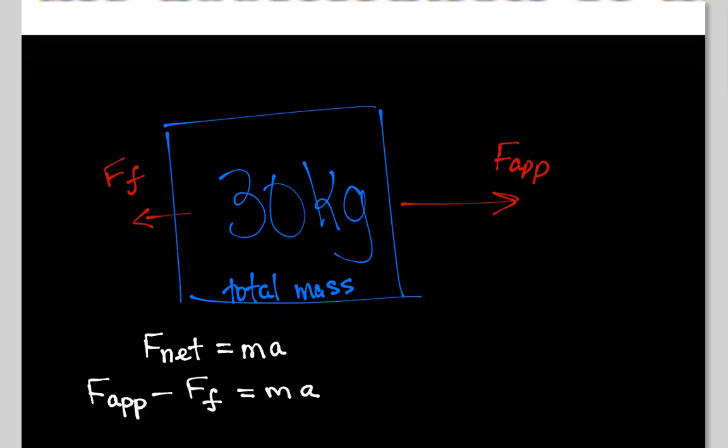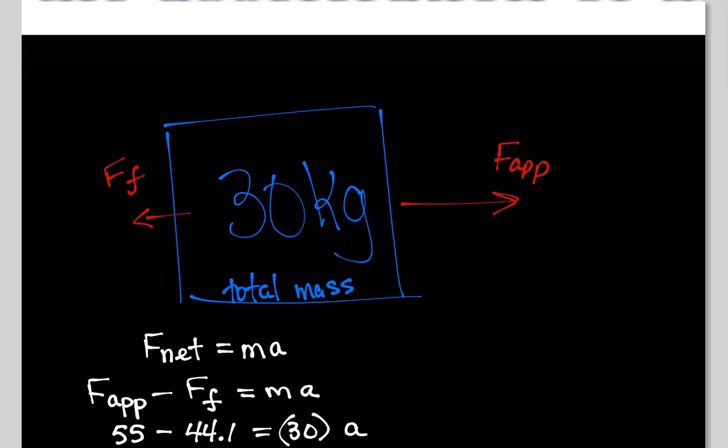So what were the values? F applied is 55, and force of friction is 44.1. So we didn't even have to use that formula. They just gave it to us. And then here we're going to put 30 for the kilograms. And that's it, guys. That's it.